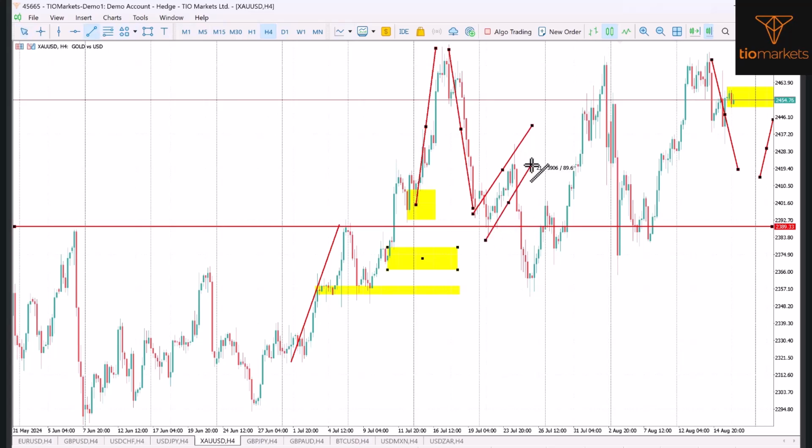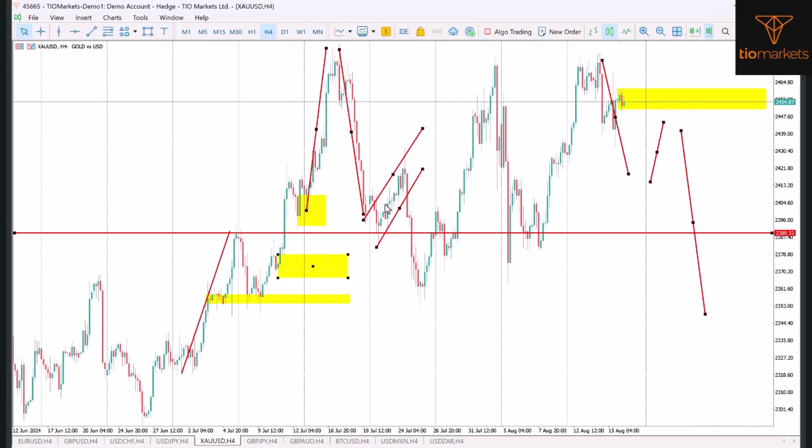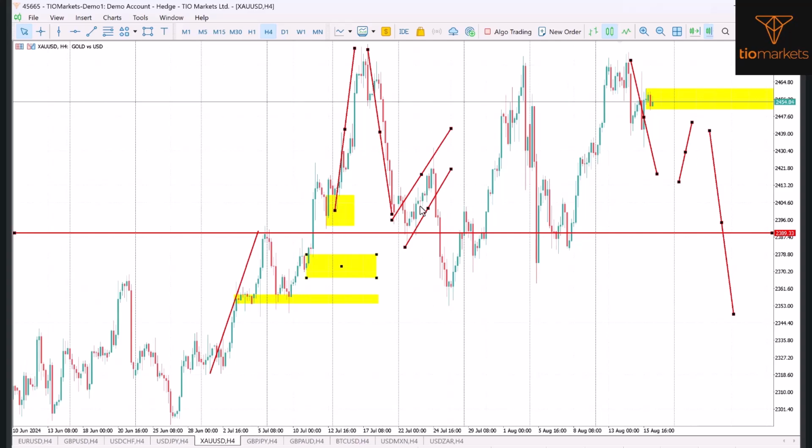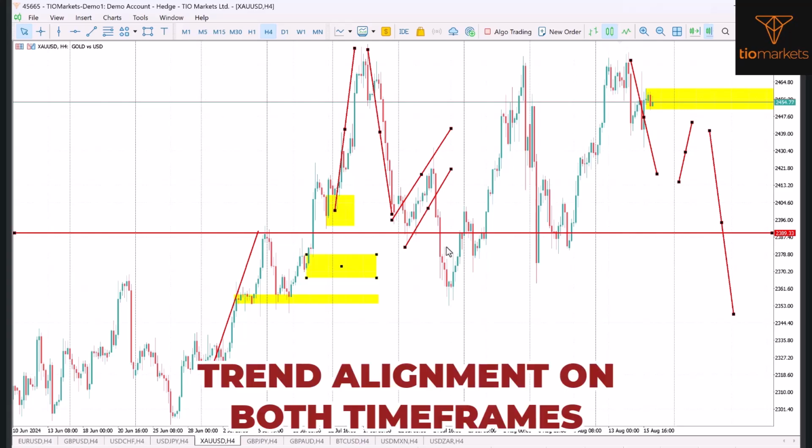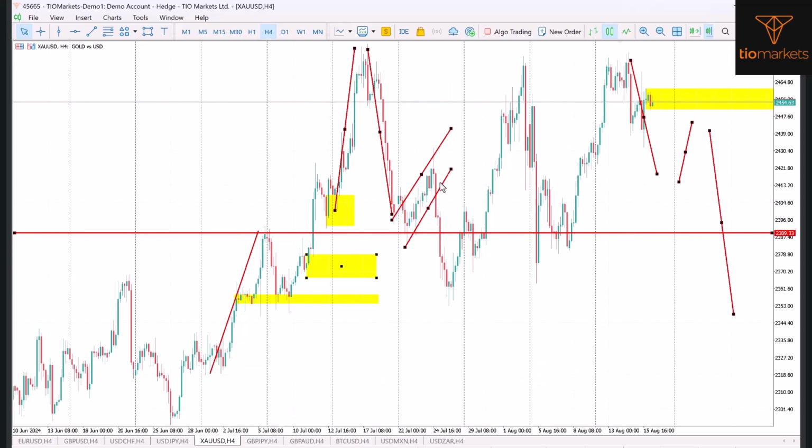In this retracement, price on the M15 is showing you that price is actually going up. We know that the trend is down, but on the M15 the trend will be up. So we want to get to a point where the trend on the M15 is the same as the trend on the H4. Once we get to that point, that's when we are going to be entering our trade.